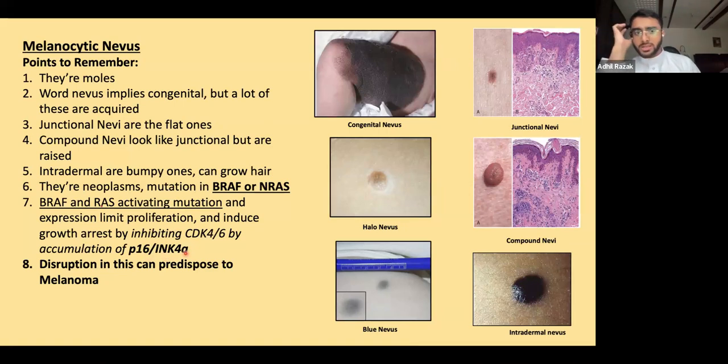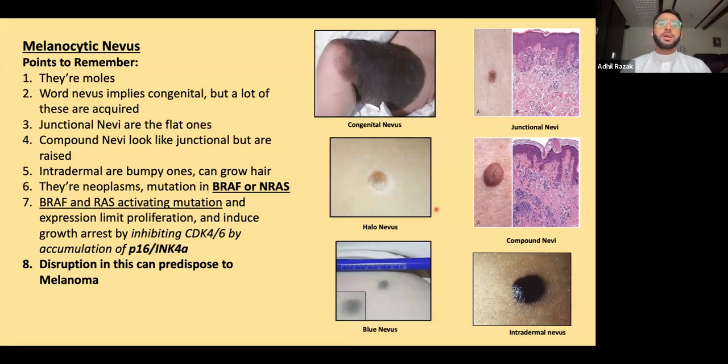P16 INK4A is important because most of these have something to do with melanocytes and melanoma. It's easy to remember because ink is dark, and melanocytic nevi or melanomas are dark. So they induce growth arrest by inhibiting CDK4 and 6 through accumulation of p16 INK4A, and that's their function. Disruption in this particular pathway, the BRAF and RAS activation pathway, can predispose patients to melanoma.